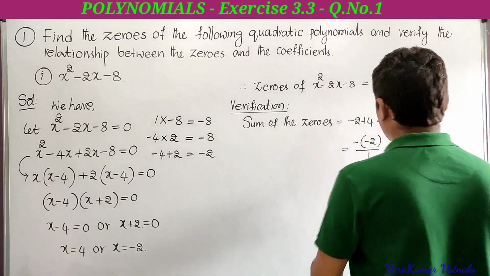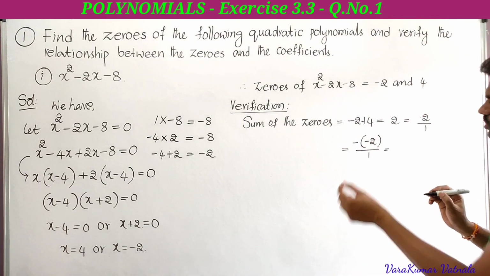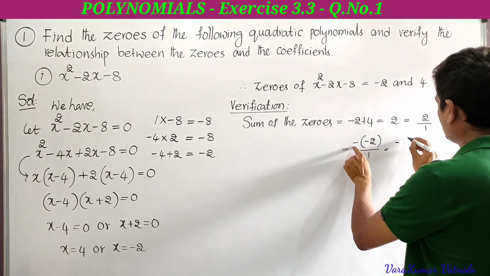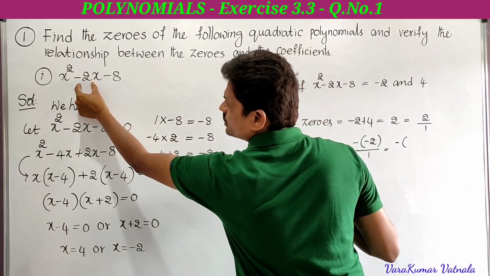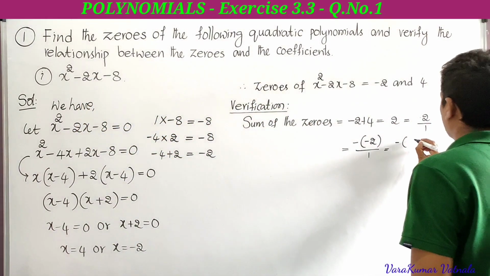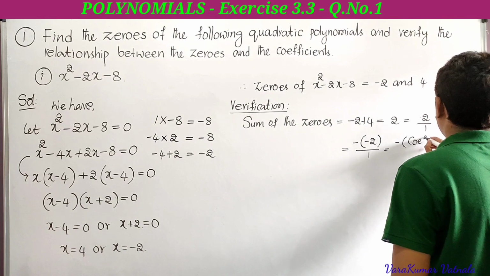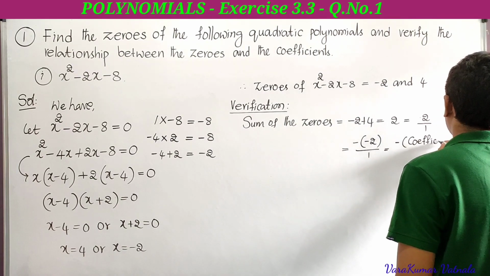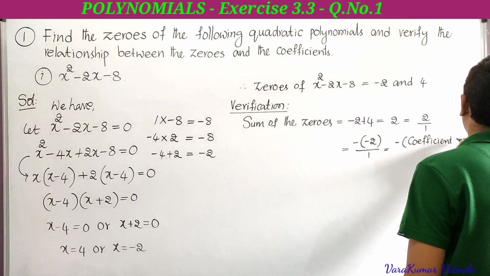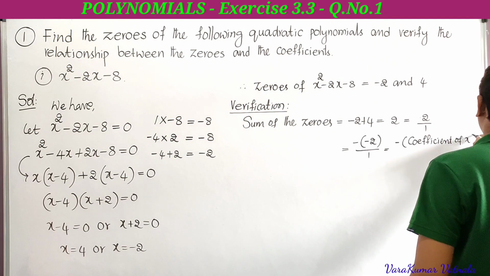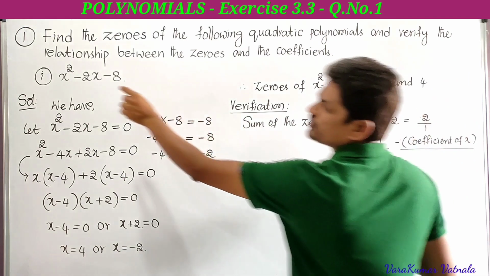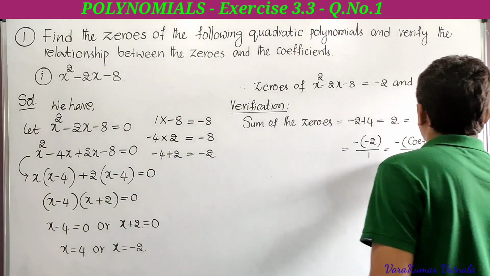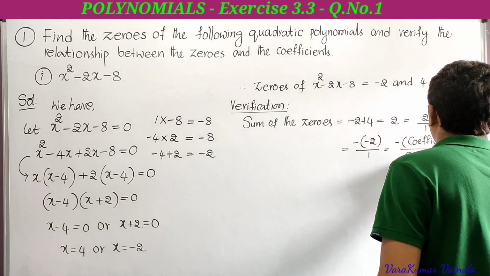This minus 2 is the coefficient of x, and this 1 is the coefficient of x square.